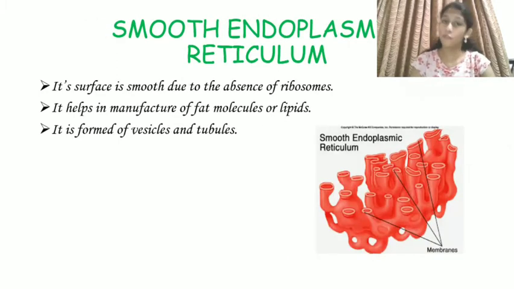Coming to the smooth endoplasmic reticulum. What is the smooth endoplasmic reticulum? As the rough endoplasmic reticulum looks rough due to the presence of ribosomes on its surface, the smooth endoplasmic reticulum has a smooth surface due to the absence of ribosomes.